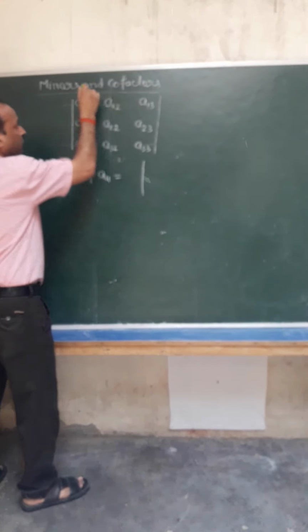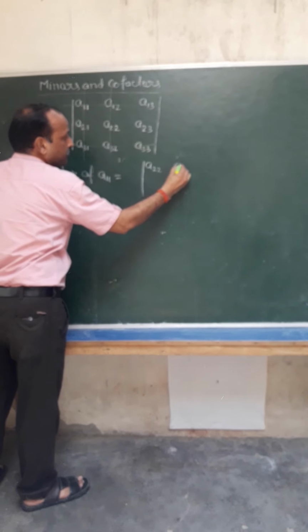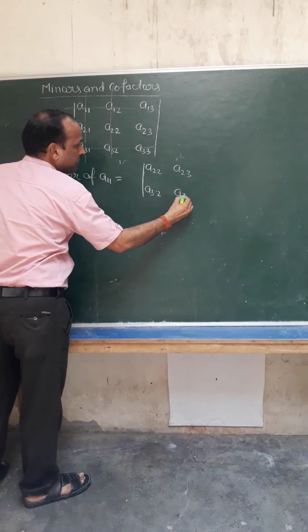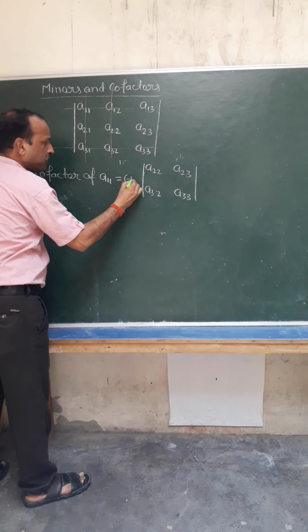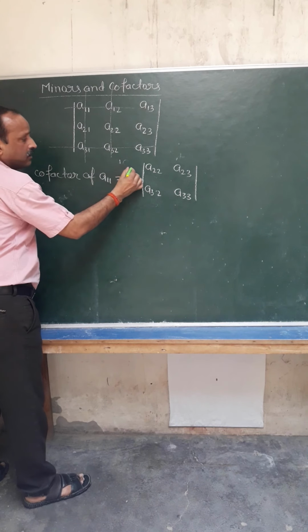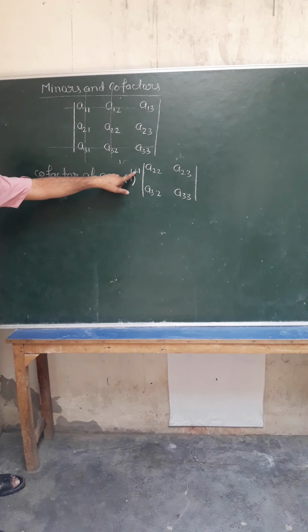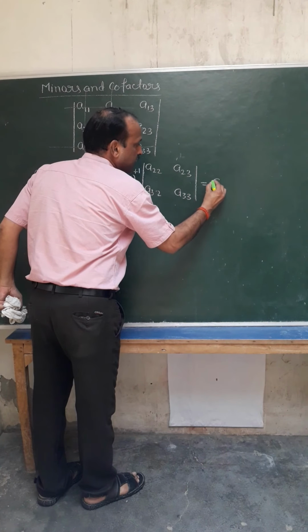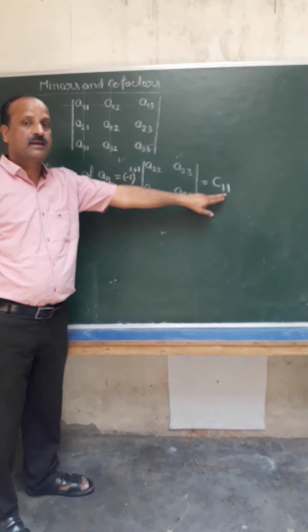First row, first column hidden: A22, A23, A32, A33. Only we have put (-1) to the power 1 plus 1. If you take (-1) to the power 2, it will become positive, and this will be the value of the cofactor. Cofactor will be denoted by C11.